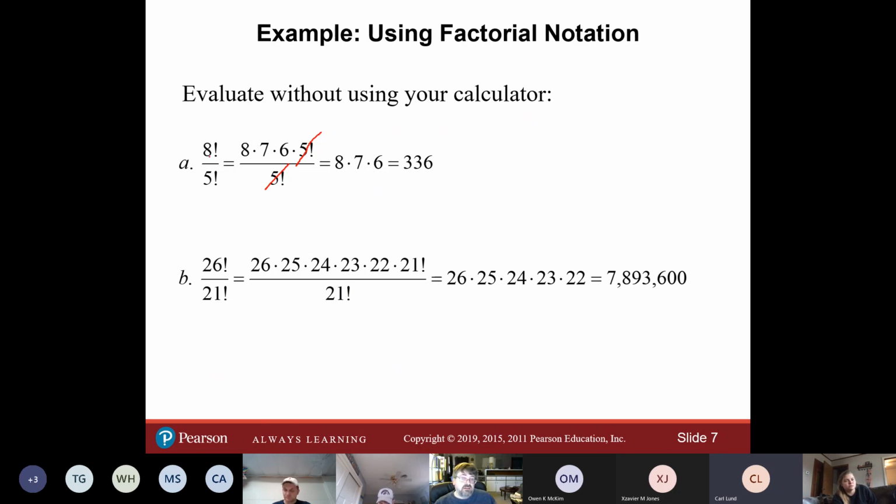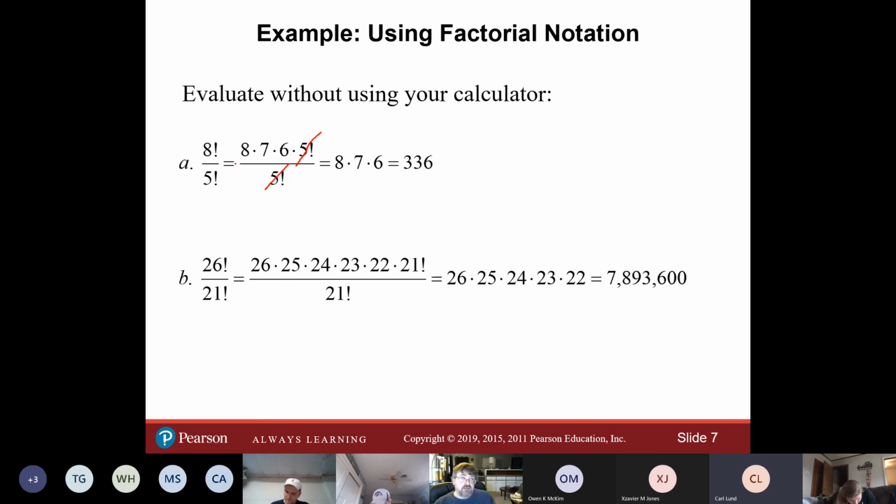When you're doing this, your numerator is always going to be larger than or equal to your denominator. It will never be smaller because your answer is always going to be an integer. It will never be a fraction, it will never be a decimal, and it will never be negative either, for that matter. So your numerator is always going to be larger.